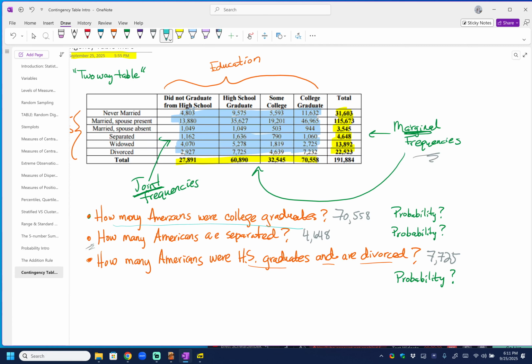I'm going to be asking the probability that an American is a college graduate. I'm not going to be asking how many Americans are separated. I'm going to be asking what is the probability that Americans are separated, and so forth. In order to answer this, we're going to need to take a look at the one number that isn't highlighted in our table, our contingency table, and it is this number right here.